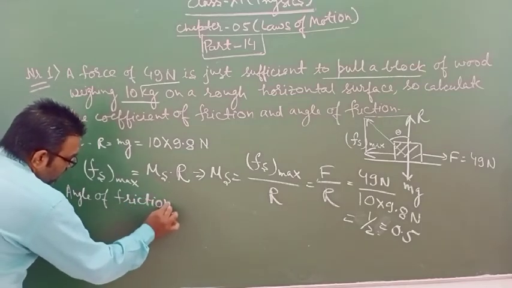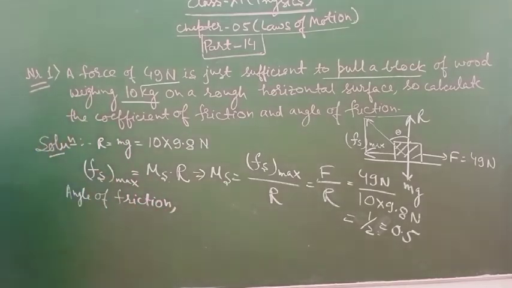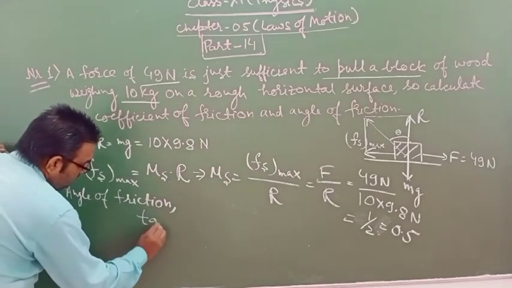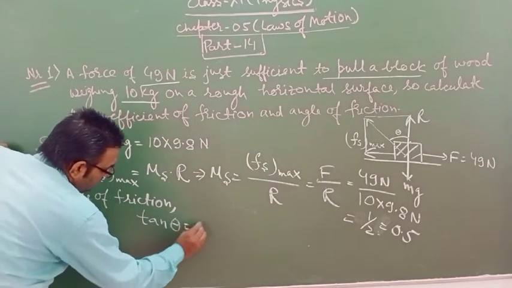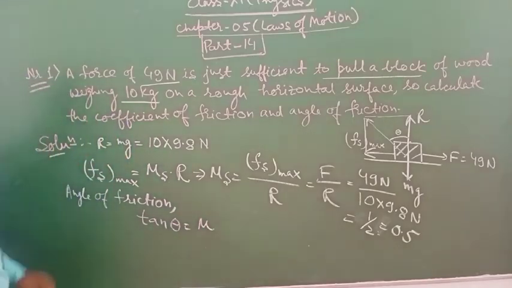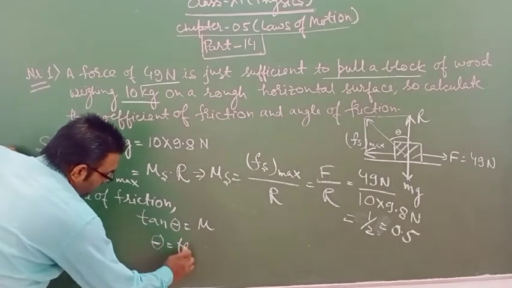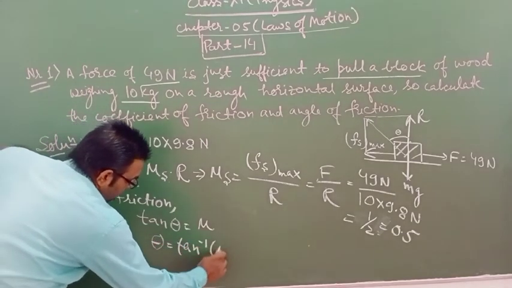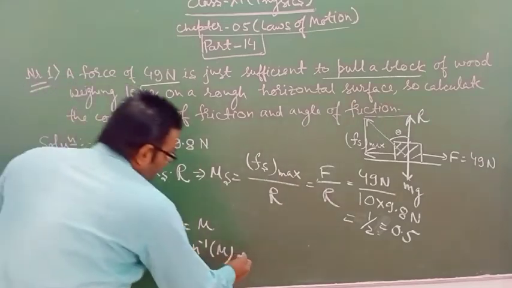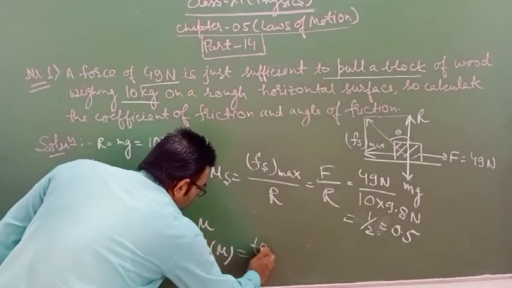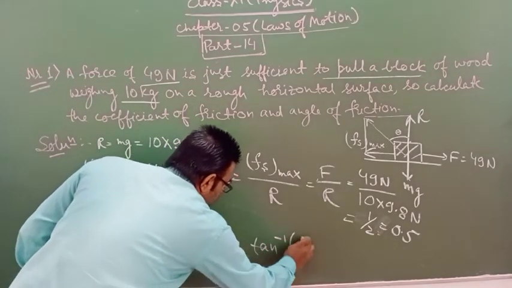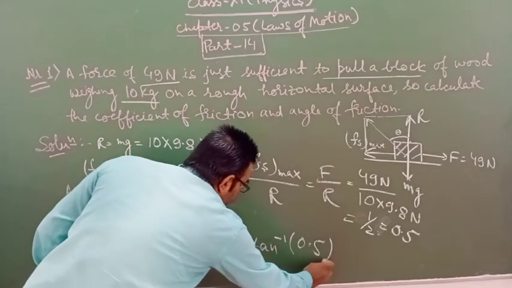We can write it as theta is equal to tan inverse mu, or theta is equal to tan inverse 0.5.